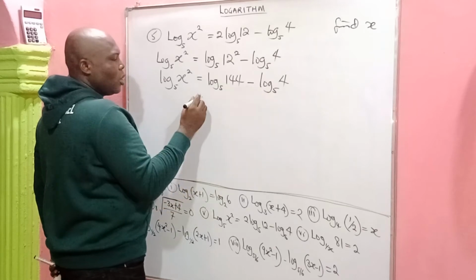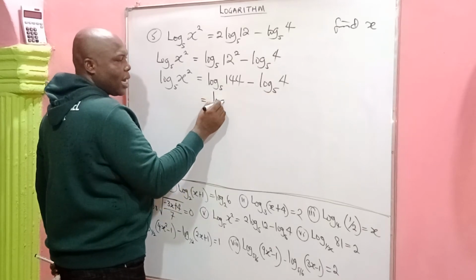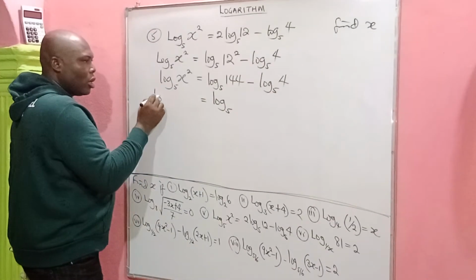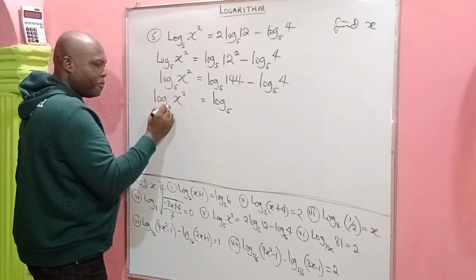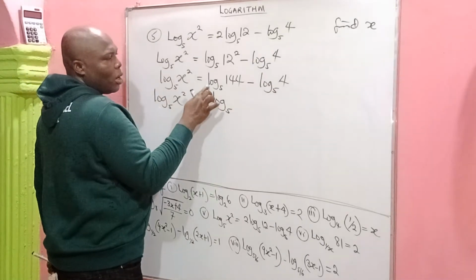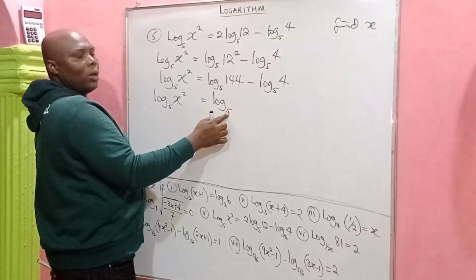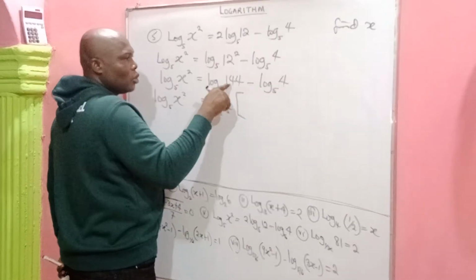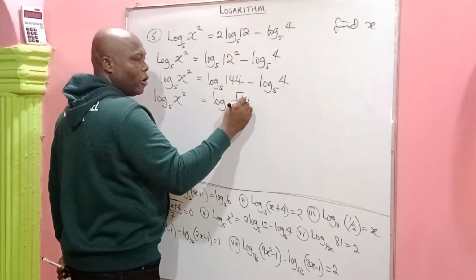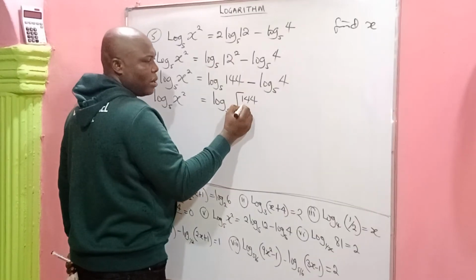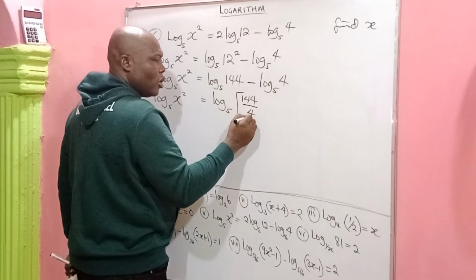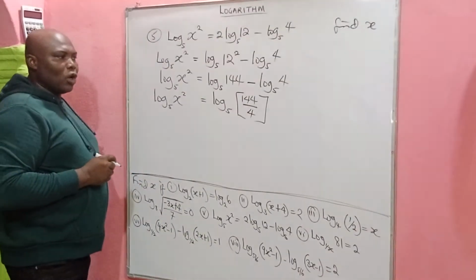This is the same thing as log x squared to the base of 5 equals log 5 taken as common. We'll open our bracket. So here 144, because we have minus, here is 4.